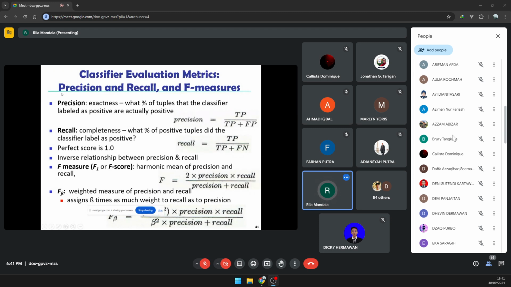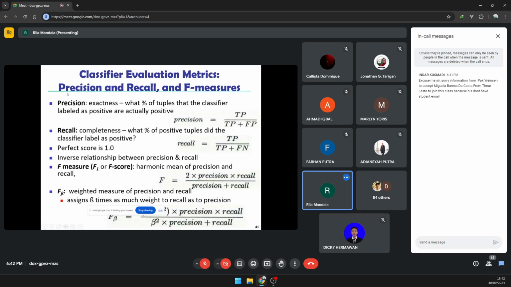Usually, if you try to increase the precision value, then the recall will be lower. And vice versa, if you try to increase the recall, then the precision will be lower. So it is a trade-off between precision and recall.